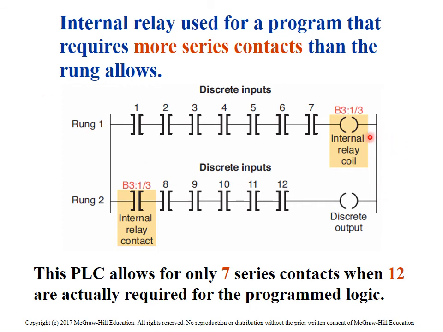So we're noticing here the address of this B3 is an internal relay, and it turns on a coil just as if it was a real world output, but it doesn't actually turn anything on in the output or in an output card. It just keeps it internal to the PLC, turning on inputs or turning on bits inside the data table that allow you to create logic such as this.